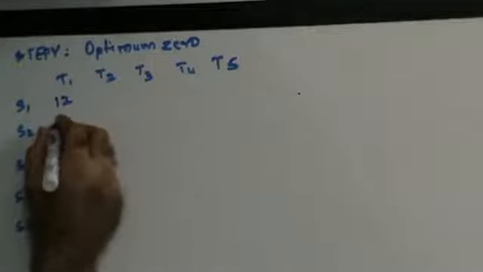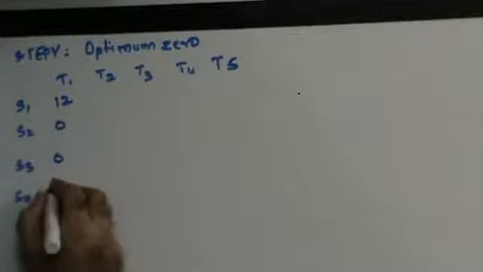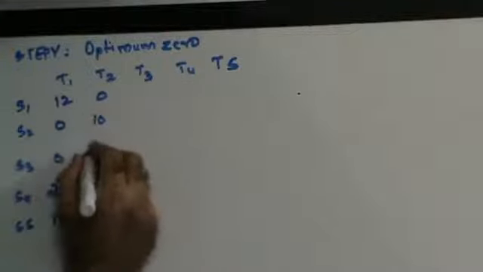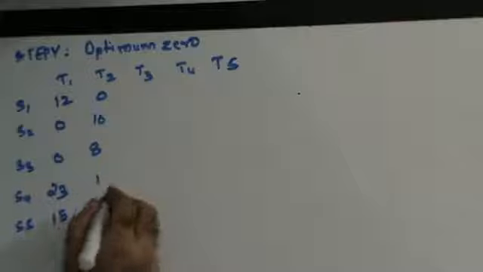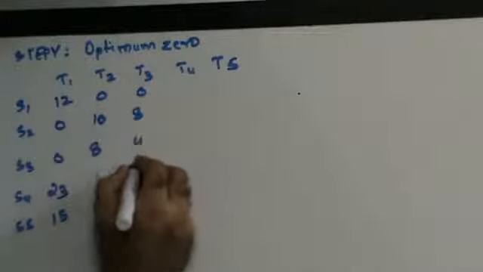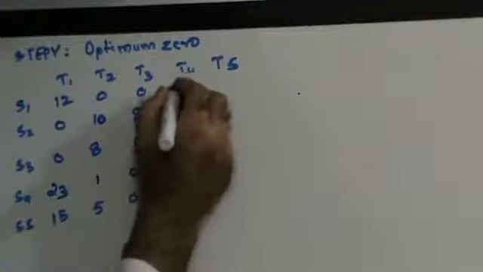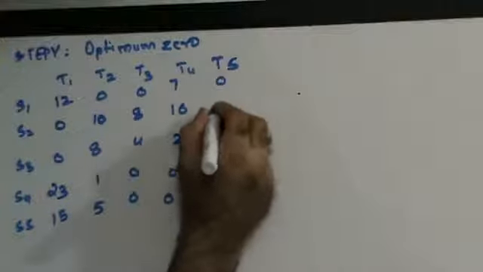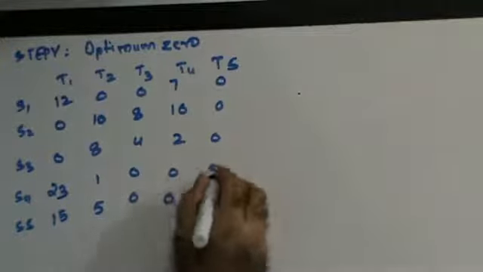Let's see this: 12, 0, 0, 23, 15, 0, 10, 8, 1, 5, 0, 8, 4, 0, 0, 7, 10, 2, 0, 0, and 0, 0, 0, 5, 1.